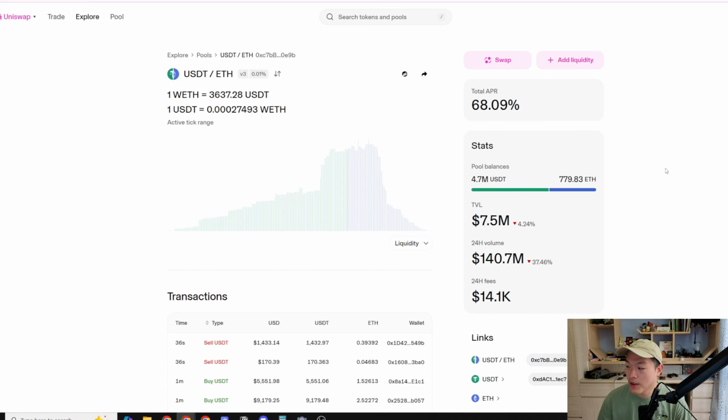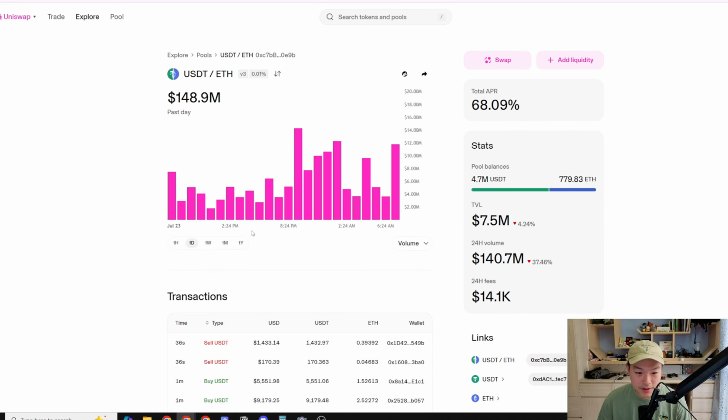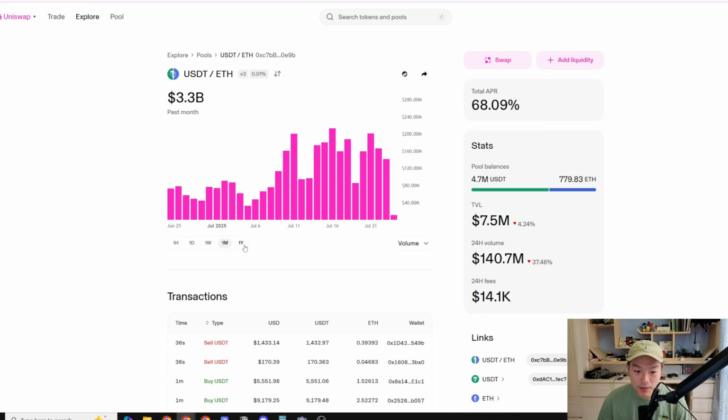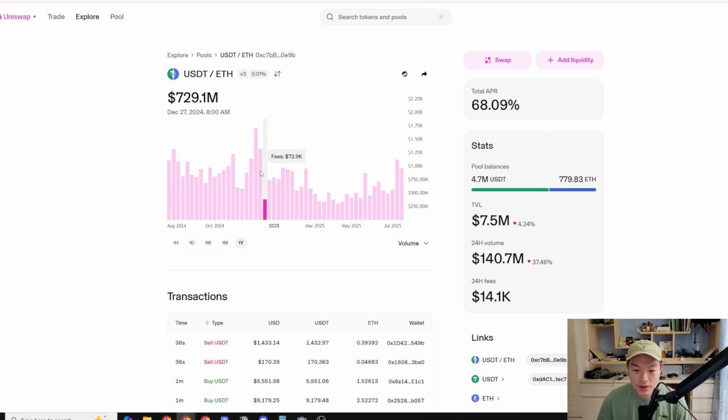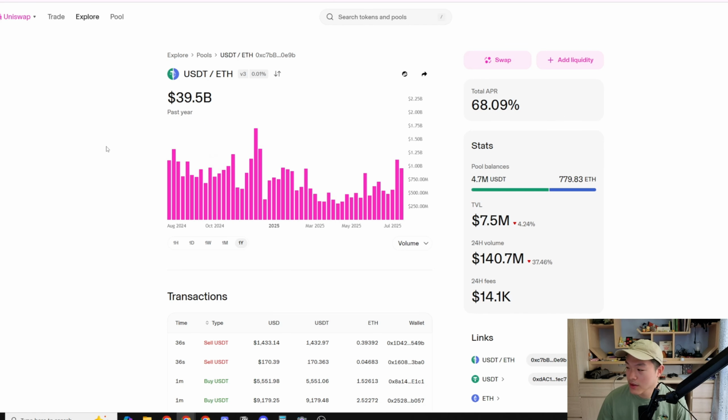And then if prices do drift higher, I would also print a lot of fees as well. And we could look at the volume consistency here as well over 1 month or over 1 year. You can see the volume has been pretty consistent in this pool. So this could be a really great pool to be in as well, especially if you're working with larger capital and you're prioritizing security like I am by yield farming on Ethereum mainnet.